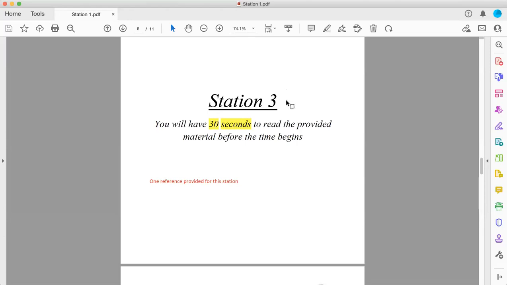So station number 3? Yes. Okay. We have the reference here. I'm going to send you the reference to the Telegram group now. It's not a sophisticated station actually.